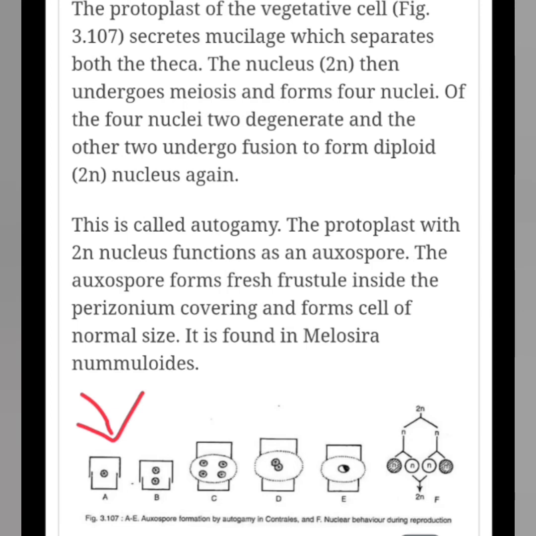Now it will secrete a mucilage, and both the thecae will get slightly separated. You can see this round portion here, that is the mucilage, which encloses the nucleus, and thus the thecae are slightly separated, and the nucleus undergoes meiosis, forming four nuclei.